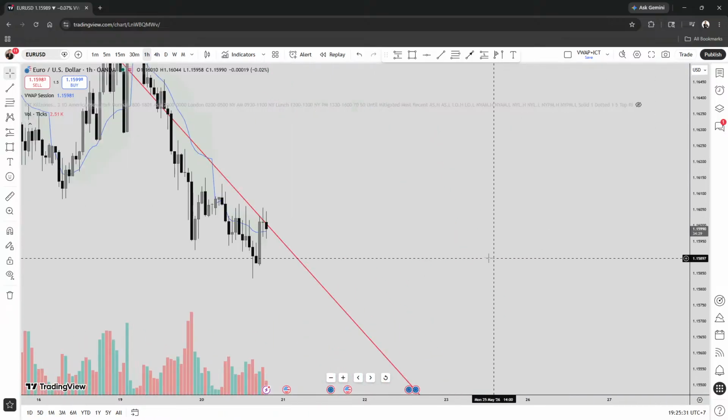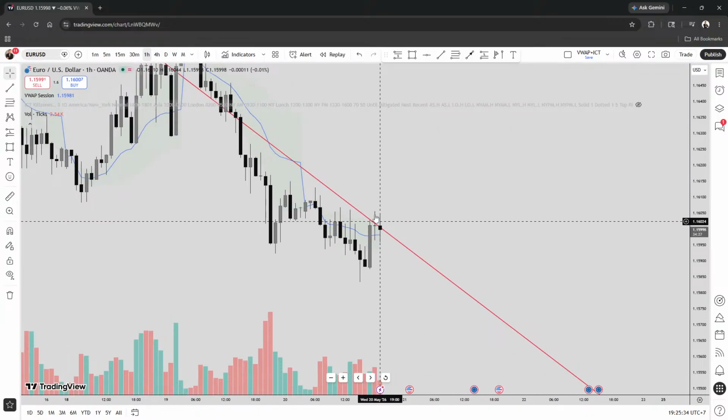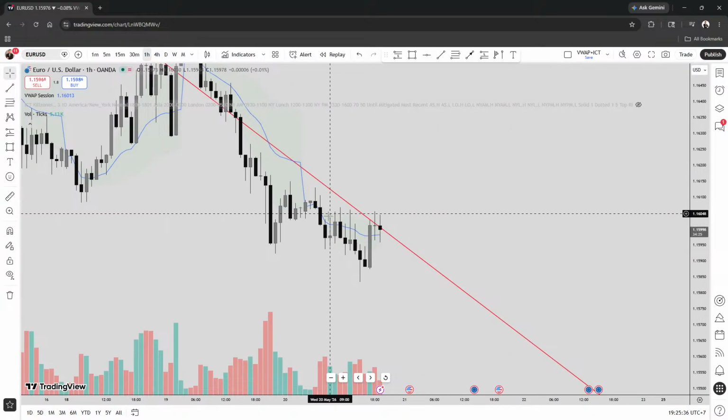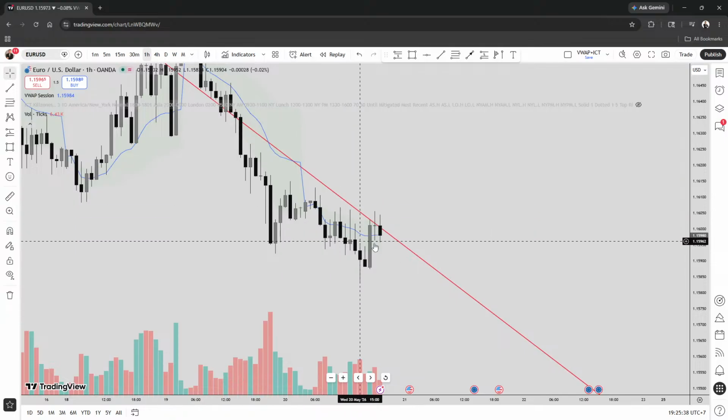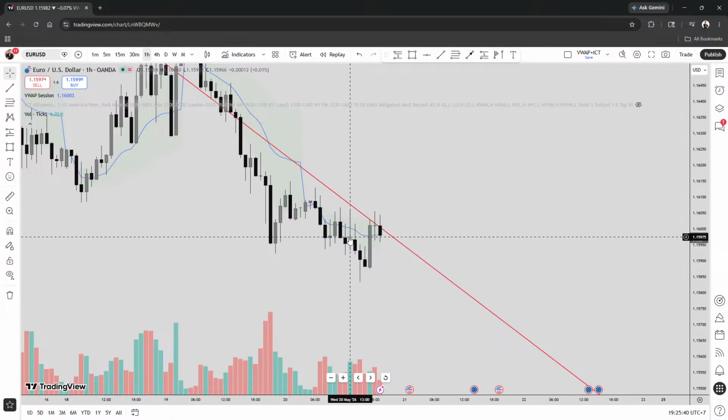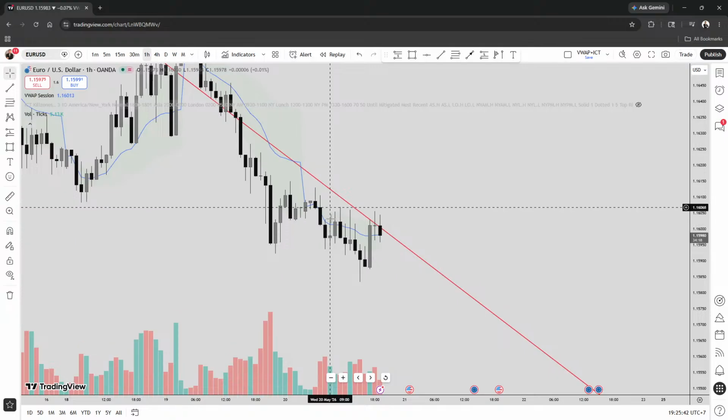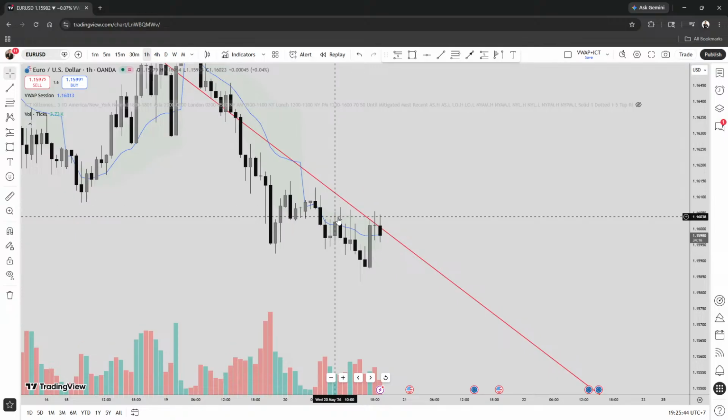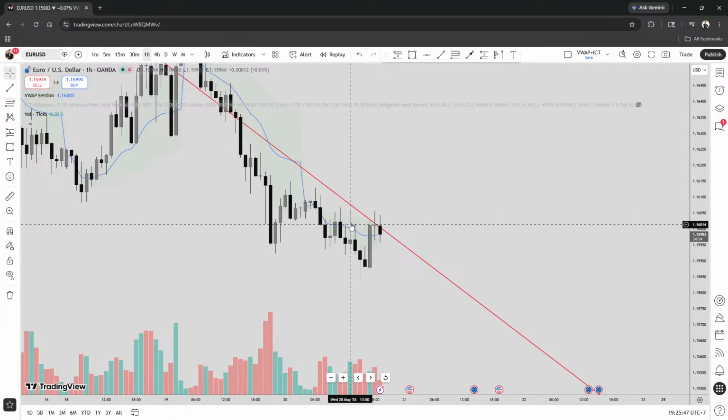And as we can see here, there's a lot of wick, or a lot of shadows in the candles, especially in the upper area. This is what we call the upper shadow or upper wick.